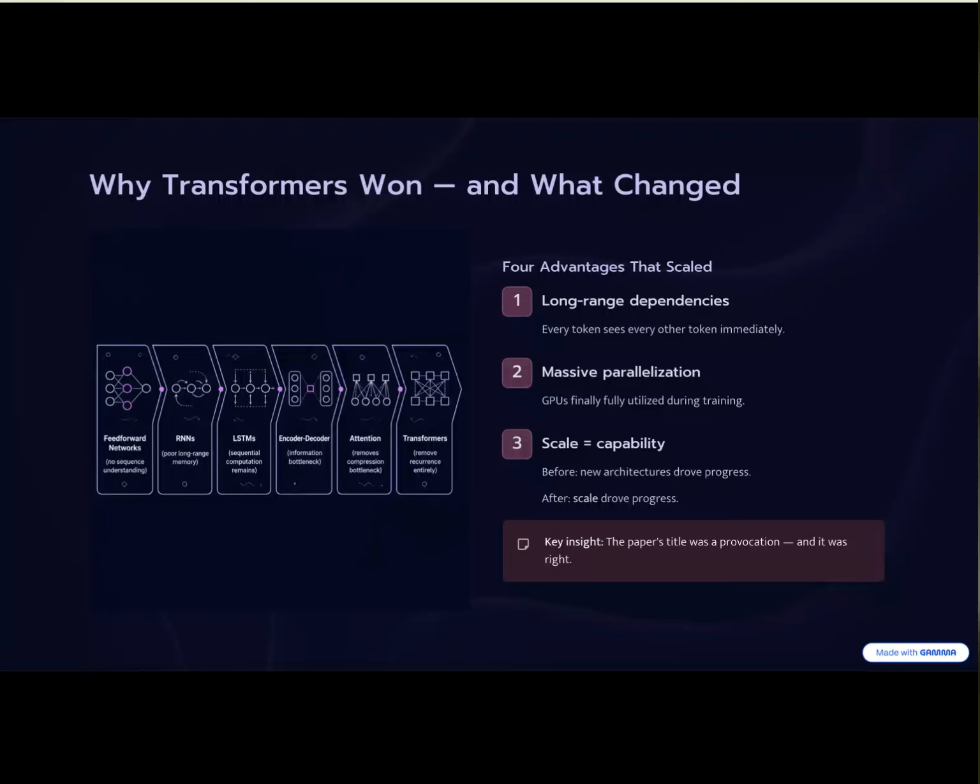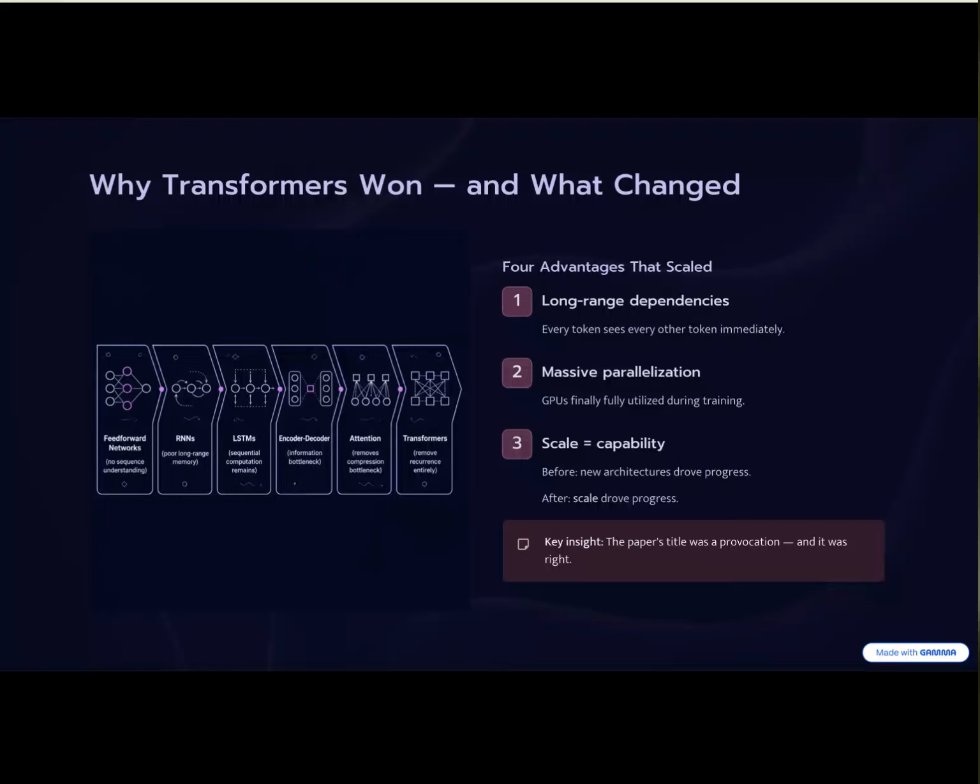One unexpected thing to notice is that as transformers scaled, capabilities continued improving. This changed the focus of the entire field. Before transformers, progress largely came from inventing new architectures. Every time we were getting new architectures. But after transformers, progress increasingly came from scaling. The scaling improved the capabilities.